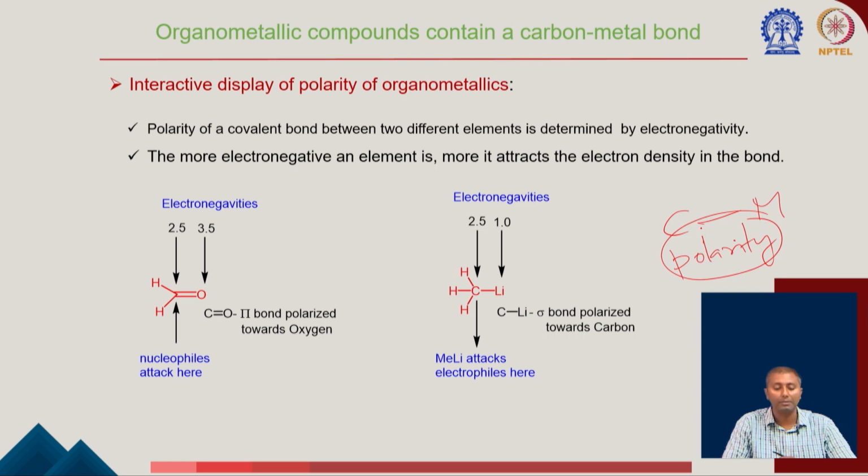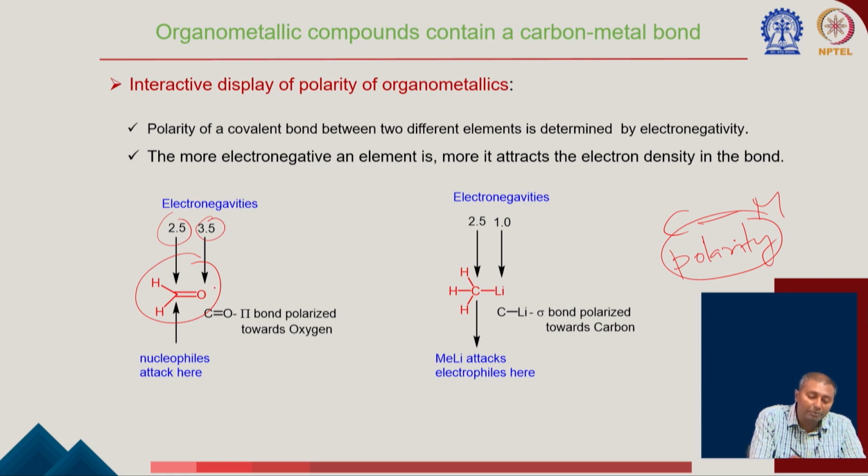This is a very important thing. Let's try to understand from the basic carbonyl compound. If you think about a carbonyl carbon and an oxygen, and think about the polarity, you always know that oxygen has an electronegativity of 3.5 and carbon is 2.5, so there is a 1 unit electronegativity difference between oxygen and carbon.